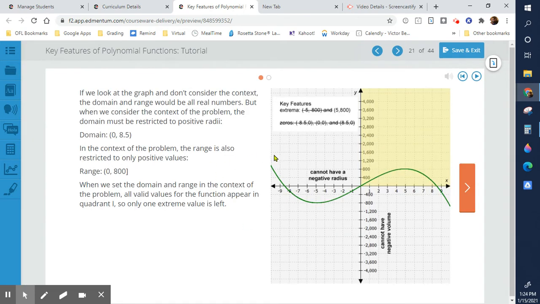So I might have referred to this before when we were talking about end behavior. So this will hopefully help clear that up a little bit. Then we're going to talk about bounds, meaning something like, for example, well, we can't really have a negative radius, so this can't work. None of this can work. And we can't really have a negative volume, so this can't work, this area right here. So that's what it means by bounded.